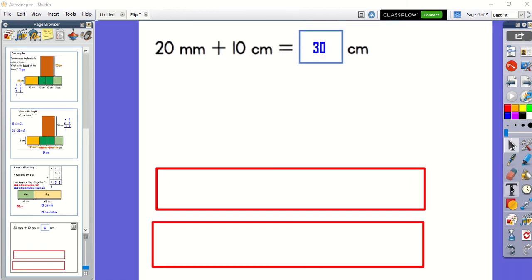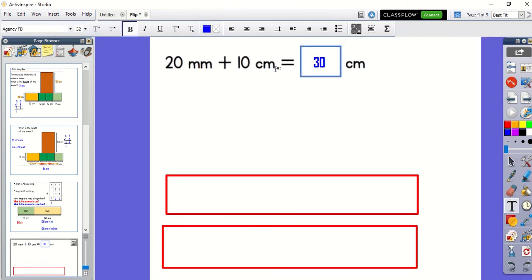So, first of all, we're going to have to convert 20 millimetres into centimetres. Now, the reason I'm doing millimetres to centimetres and not centimetres to millimetres is because my answer is in centimetres, so it makes more sense to do it millimetres to centimetres. So we know that 10 millimetres equals 1 centimetre.